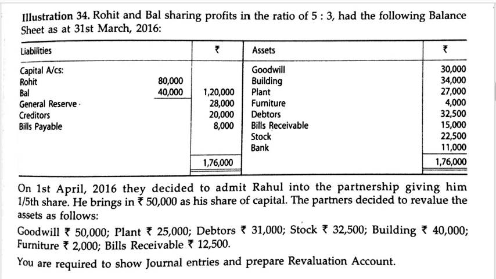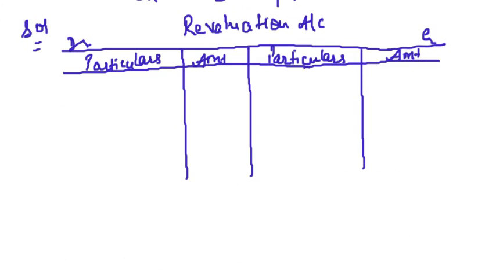The asset account will be credited, not debited. So, with how much will this plant account be credited? I will say to plant account 2,000. Clear?